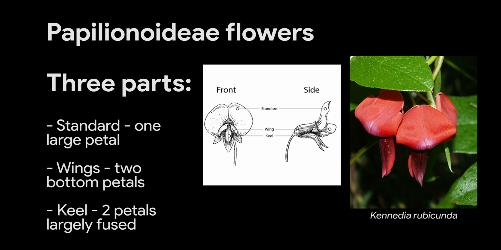Below that, you have the keel made up of 2 other petals which are often fused together in the middle. Finally, there are 2 bottom petals called the wings.